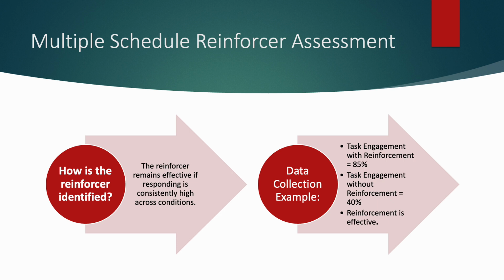Well, the reinforcer remains effective if responding is consistently high across conditions. You also need to see how the conditions are set up. If you're setting up a condition where there is no reinforcement being delivered and you see that the behavior does not persist in that particular condition, but it does persist in the condition where reinforcement is delivered, then that tells you that the reinforcer is effective as well.